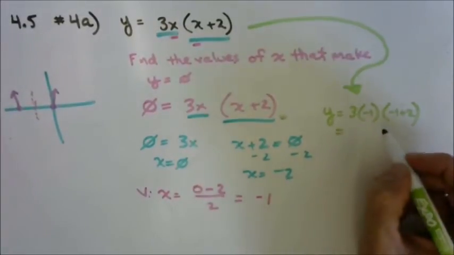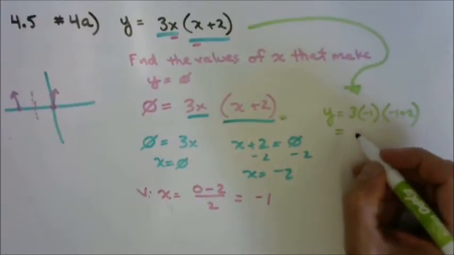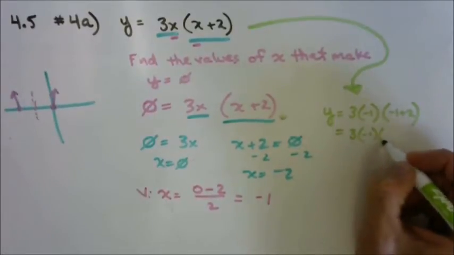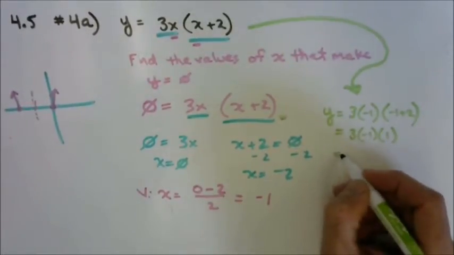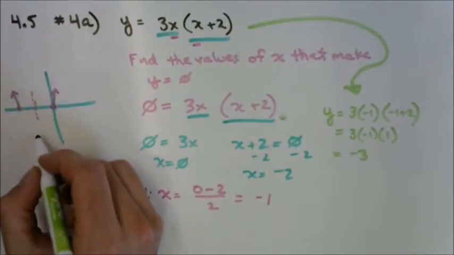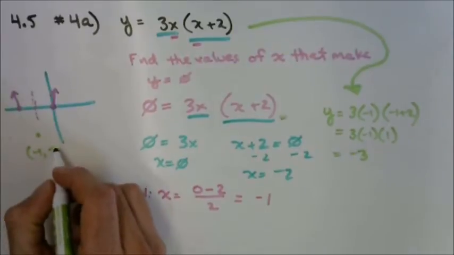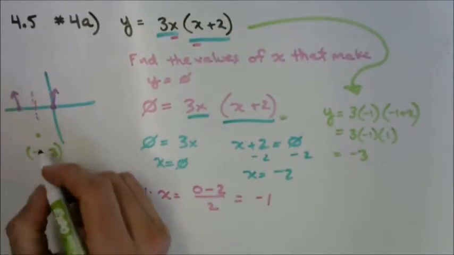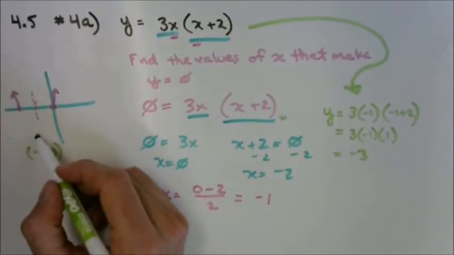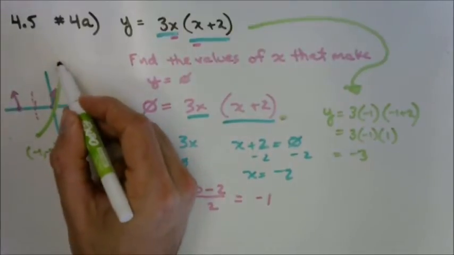Do what's in the brackets. Negative 1 plus 2 is plus 1. So now we have 3 times negative 1 times plus 1, which is just negative 3. So down here we have a vertex at negative 1, negative 3. And we can finish off our parabola.